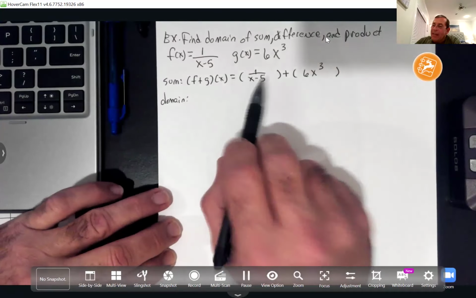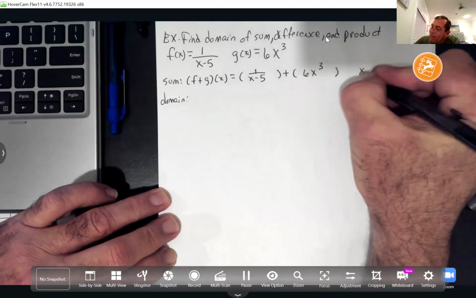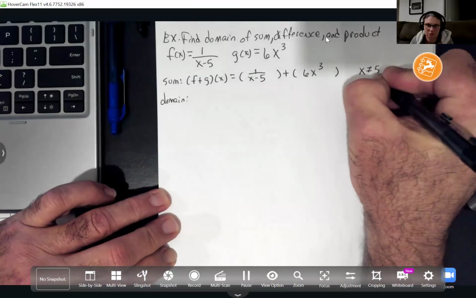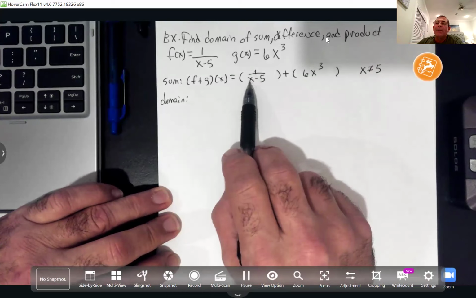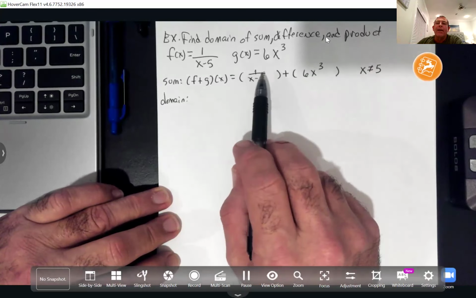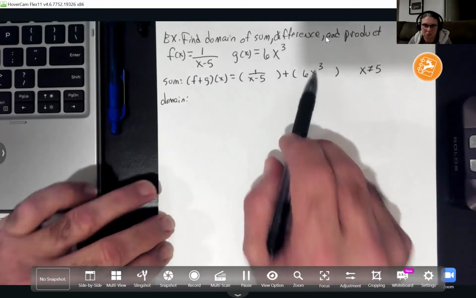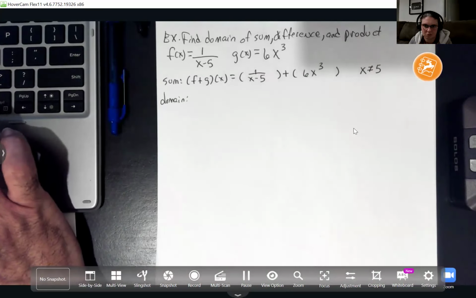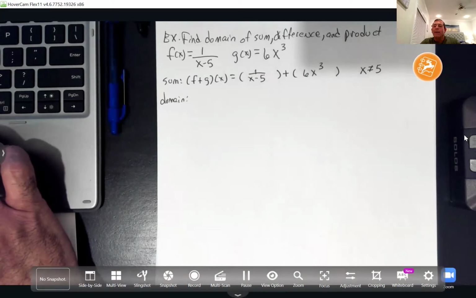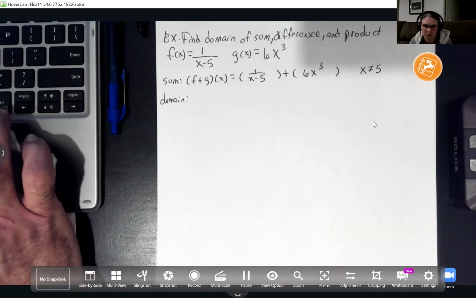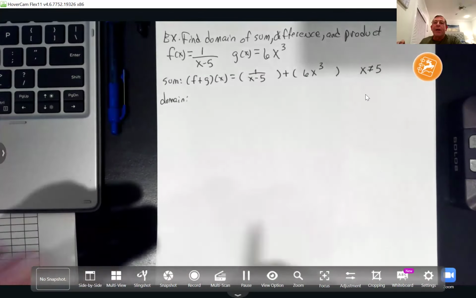So we know that this x cannot equal what? Perfect. X cannot equal 5. If you put a 5 in there, that makes that undefined. And undefined can't add to anything. So y'all just be careful, okay?